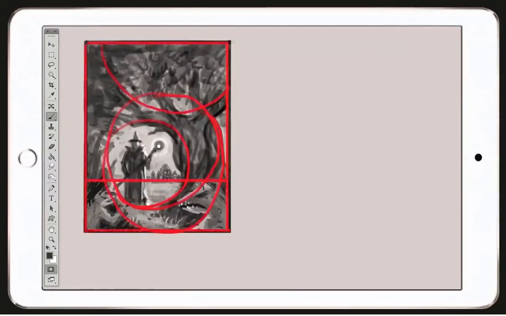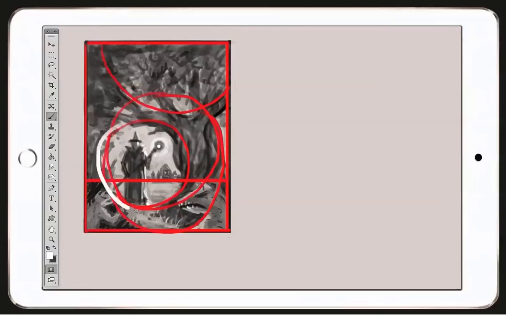Getting back to my circle structure here for a moment, remember that I said that the structure should lead to the center of interest. The center of interest in this picture is, of course, the wizard. And this underlying structure leads to the wizard. It draws your eye to the wizard because these circle shapes act as a frame around the wizard.